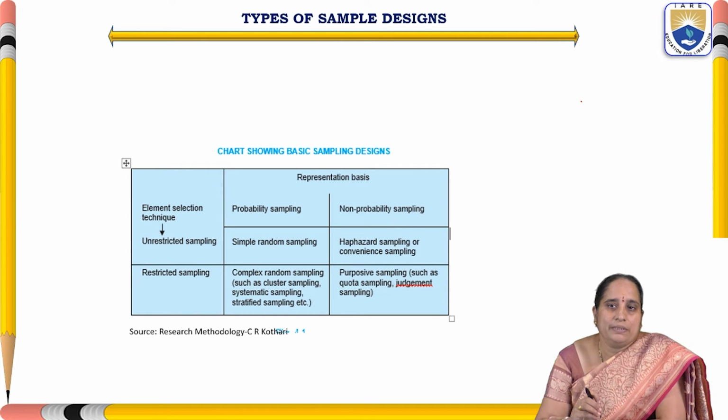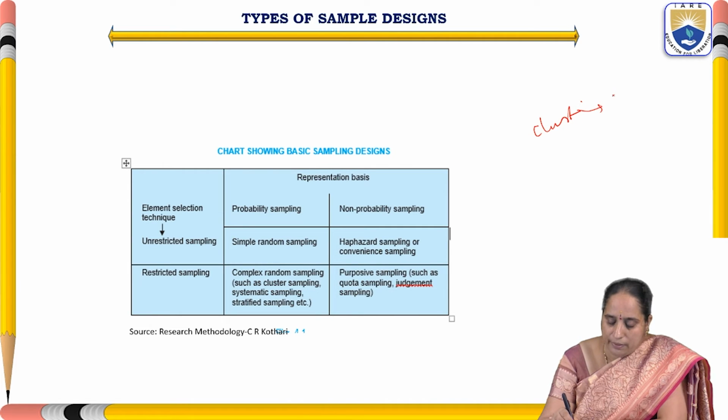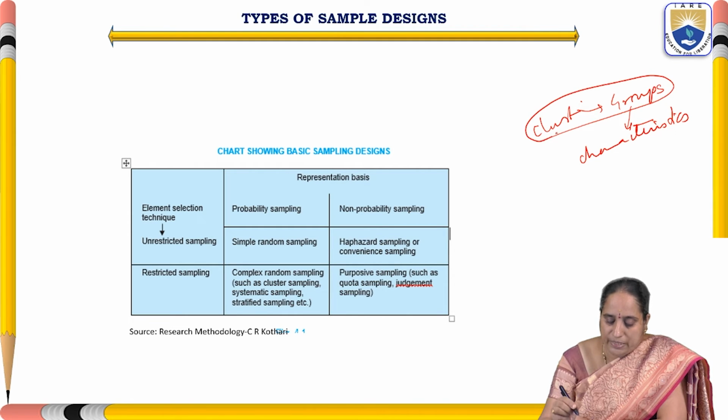See, in case of complex random sampling techniques, there will be different types like cluster sampling, systematic sampling, stratified sampling, etc. Clusters means grouping. We group the samples by considering some homogeneous characteristics, and that type of sampling is known as cluster sampling.